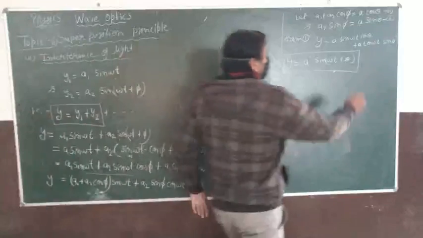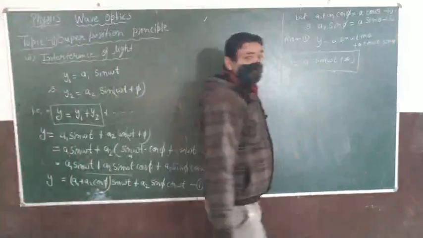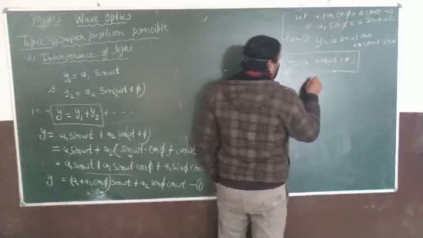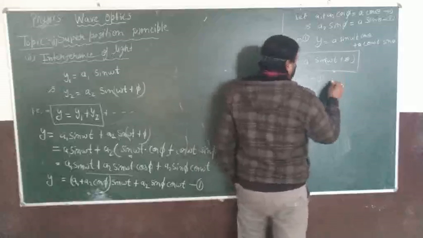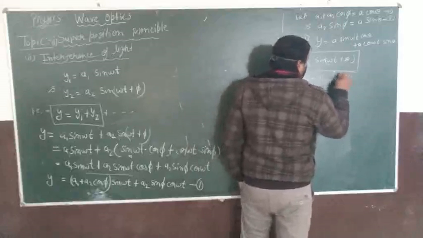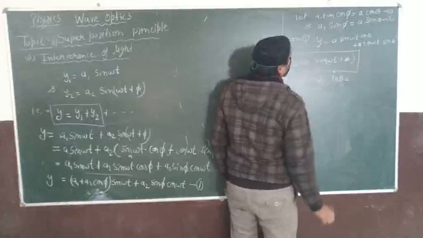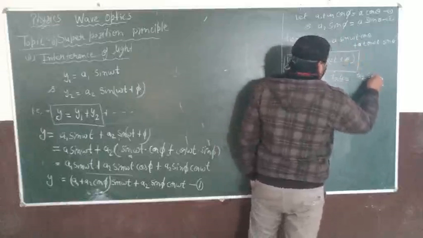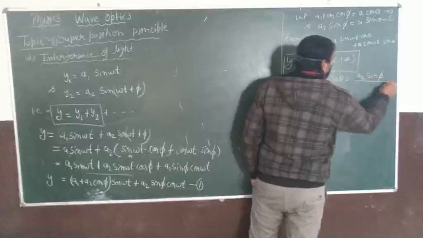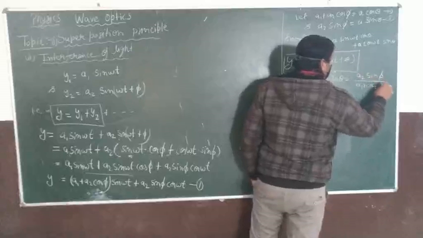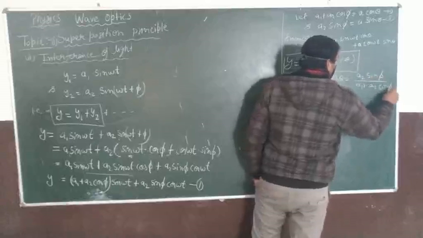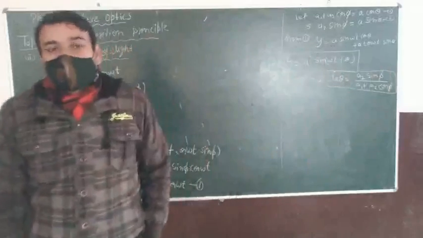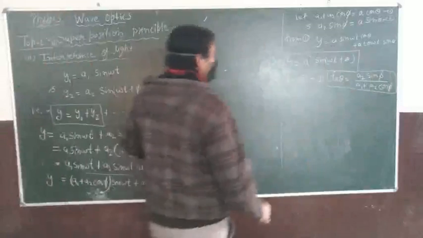Now, from equations 1 and 2, by dividing the second by the first, we get tan theta is equal to A2 sin phi upon A1 plus A2 cos phi. This gives the phase direction of the two superimposed waves.